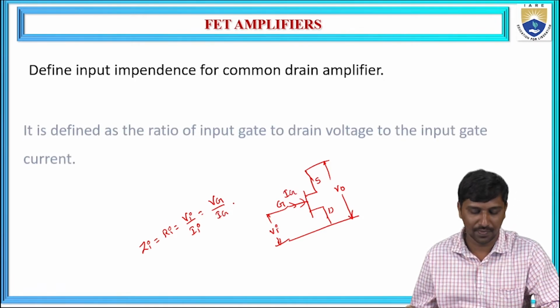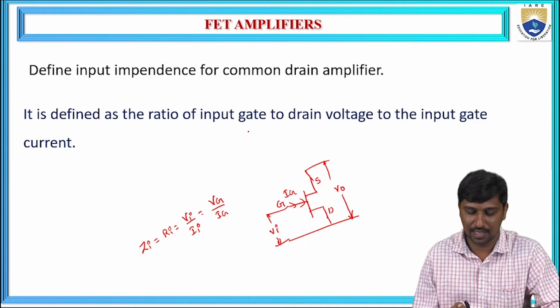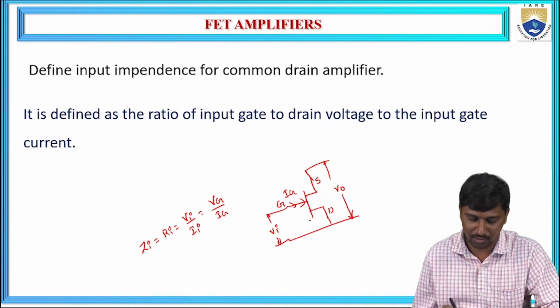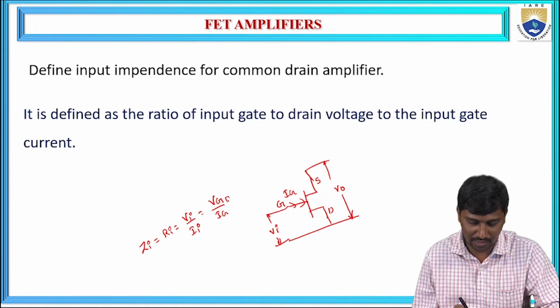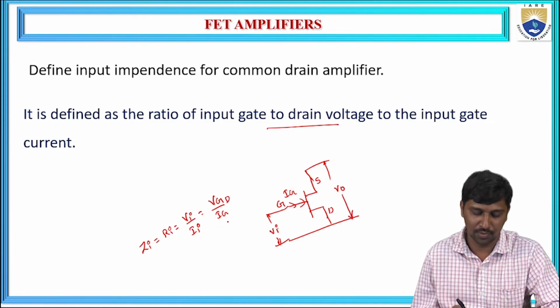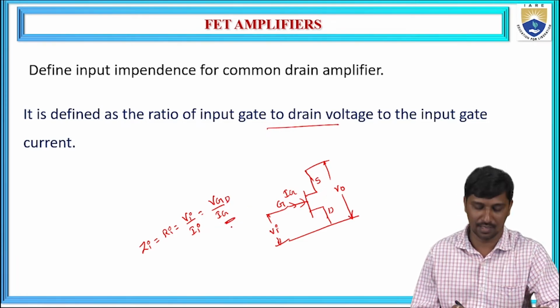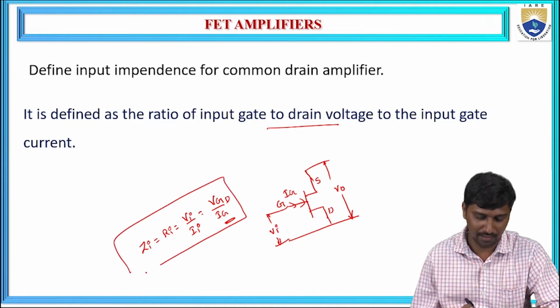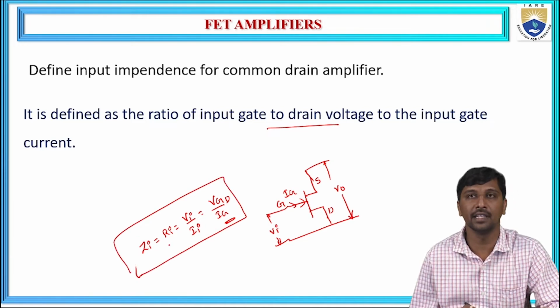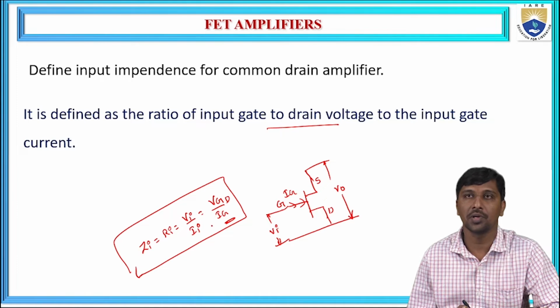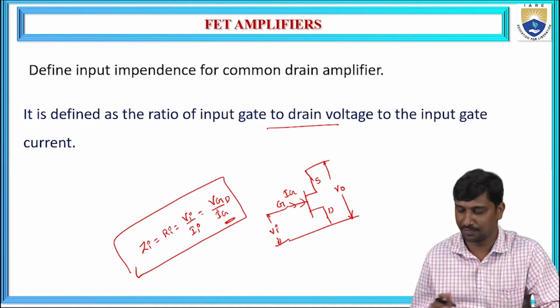So it is defined as the ratio of input gate to drain voltage, so this is gate to drain, we can also write VGD, to the input gate current, that is IG. So this is Zi, nothing but the input impedance for common drain amplifier.